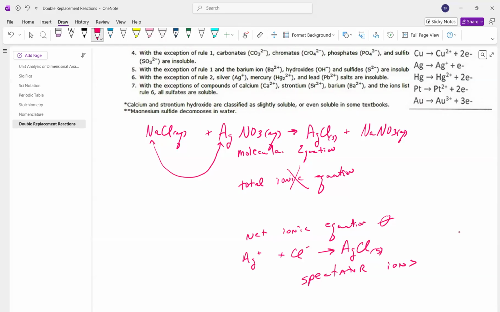Not a bit. So spectator ions do nothing. So spectator ions here are sodium and nitrate. So for each double replacement reaction, you're gonna have the total molecular equation. You're gonna have a net ionic equation and spectator ions.